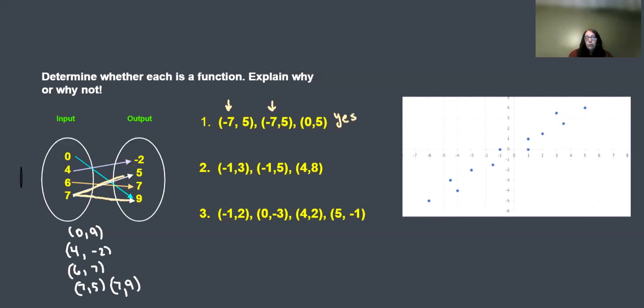When I look at the next one, again, look at the x values. If you have two x values that are the same, then you need to look at the y values. If they're not the same, it's not a function. No. And finally, when I look at the next one, let's look at our x values. My x values are all different, so yes, this is a function.